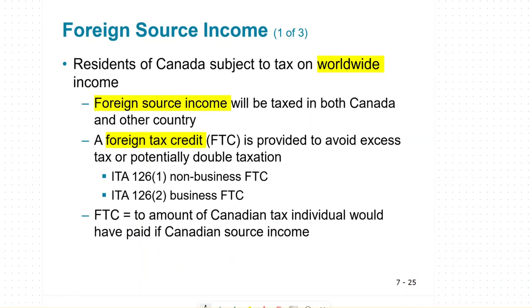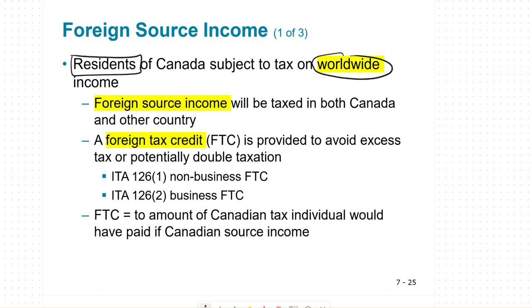Now, a resident of Canada is subject to tax on worldwide income. If you're a resident of Canada but your company is in the US, you will have to pay taxes on the worldwide income.